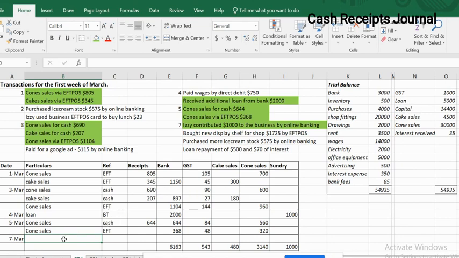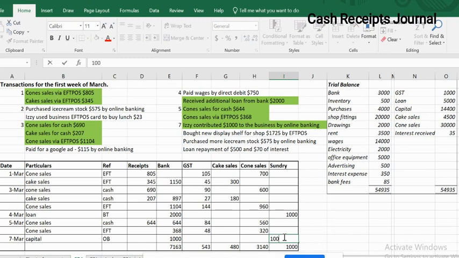So that's what we're going to use in the particulars. So it's online banking. So we'll put that there. It's going straight into the bank account, so it won't go into the receipts column. And capital does not have GST, so there's nothing there. And it's also going to go under the sundry.